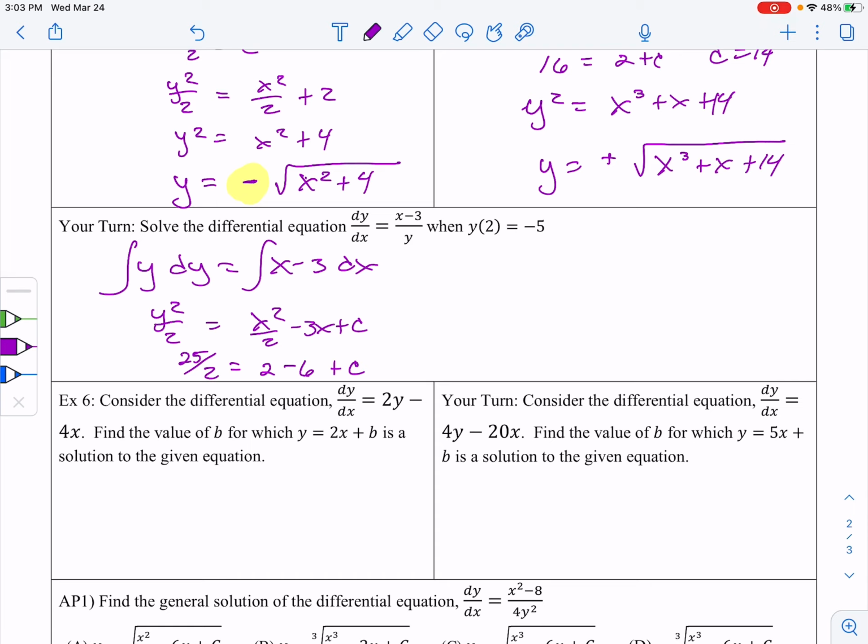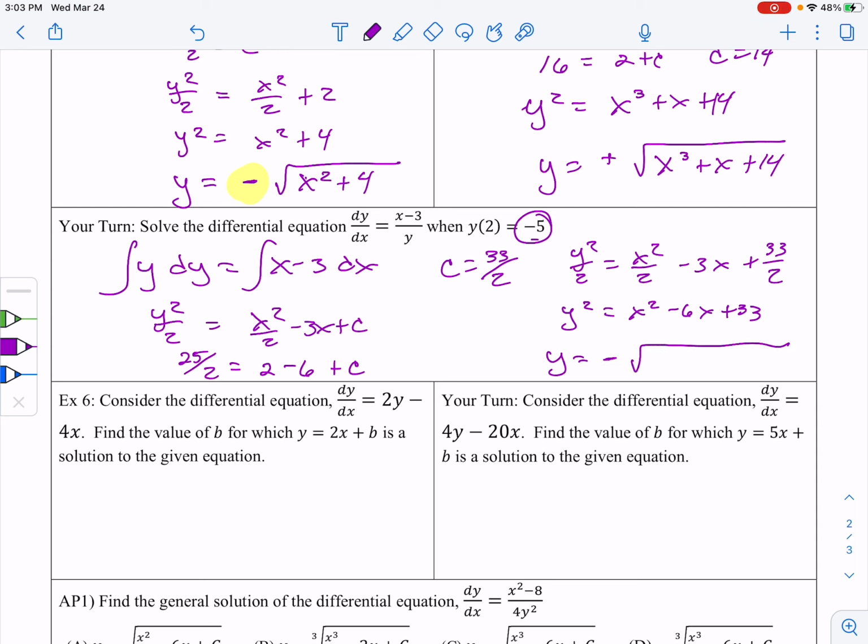So that's the same as adding 8 halves. So you get c equals 33 halves. So now y squared over 2 equals x squared over 2 minus 3x plus 33 over 2. Multiply both sides by 2. Get x squared minus 6x plus 33. And then since this is negative, this is the negative root. Not too bad. We got that.